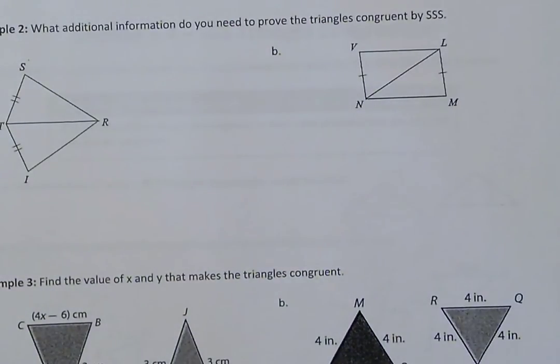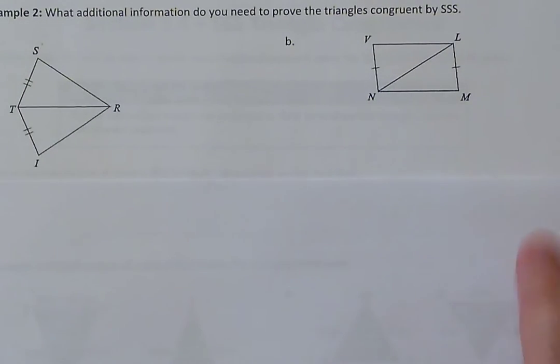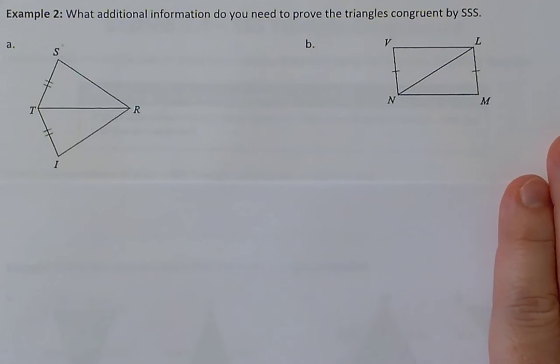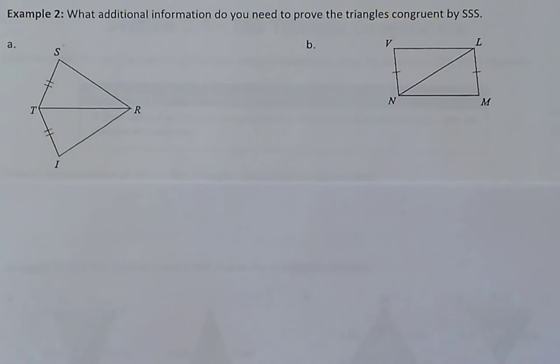Now, example 2 is going to follow the same format from 5.2 and 5.3, where it's going to request what additional information we need to know to state that these triangles are congruent to each other. So just like we did in 5.2 and 5.3, we either have to identify an additional side length or an additional angle measure to say these are congruent.